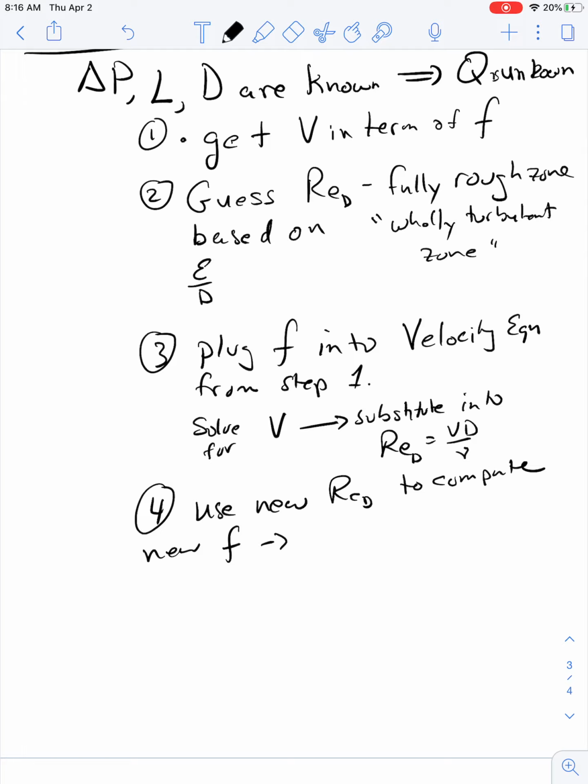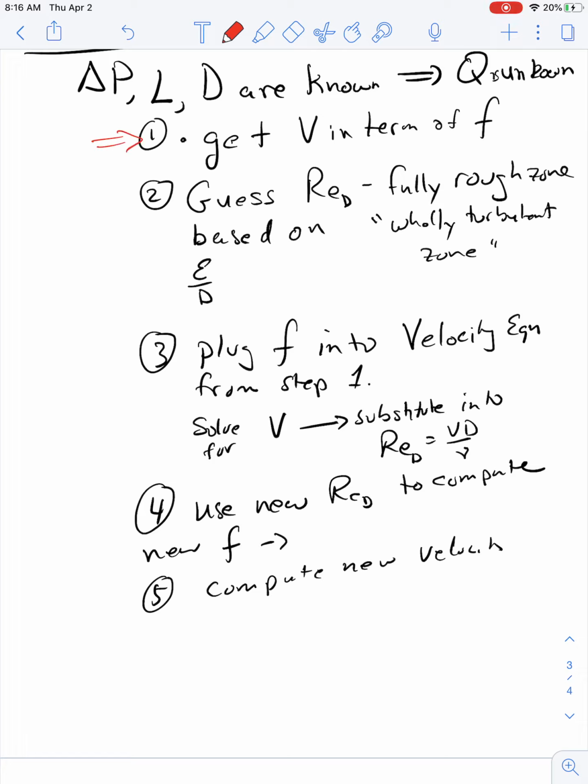Now that I have a new friction factor, my next step is to compute a new velocity. Again, every time we have a friction factor, we plug it into our step 1 where we computed the velocity. So here we're doing it again.